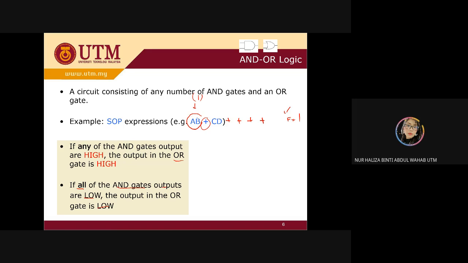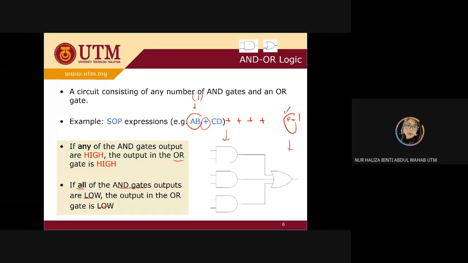So if all your AND gates are 0, only then will you get 0 for your output. Okay, here is the thing. You have AND gate and OR gate for the final value. So if you have 1, then it will be 1, although the rest will be 0. But if you have all 0, your output will be 0. This is what is mentioned in this box here.